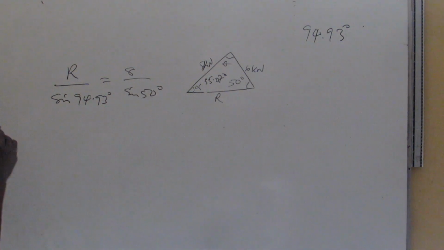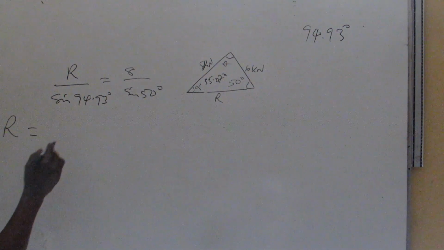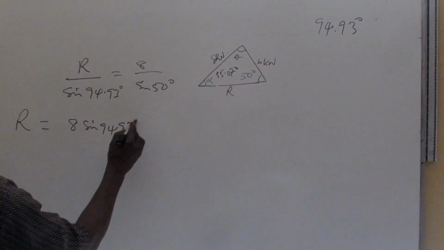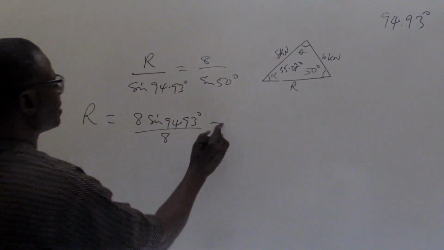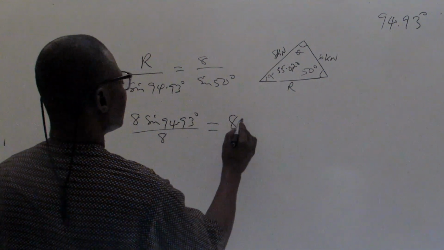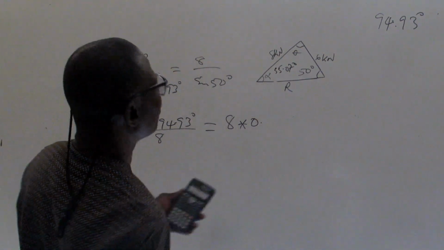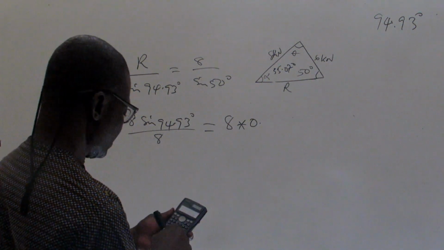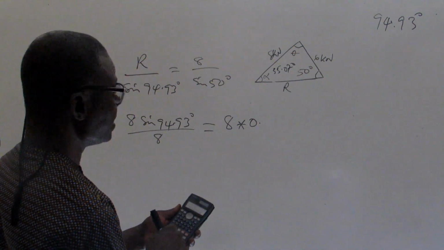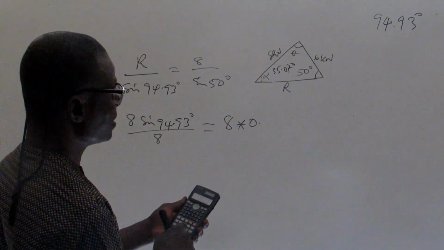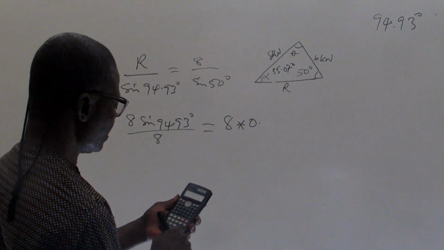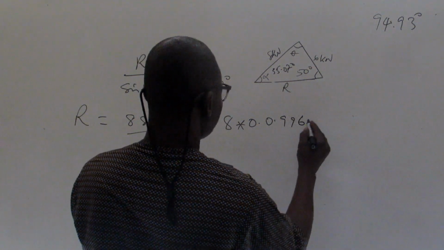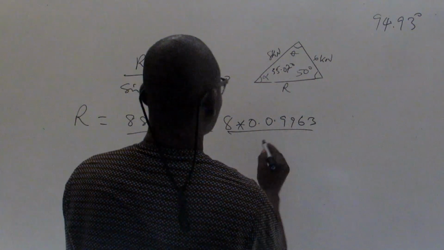Therefore, our R alone will be equal to 8 sine 94.93 degrees all over sine 50. Sine 94.93 is equal to 0.9963.